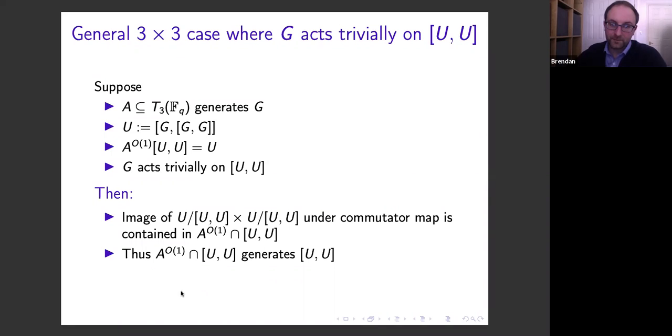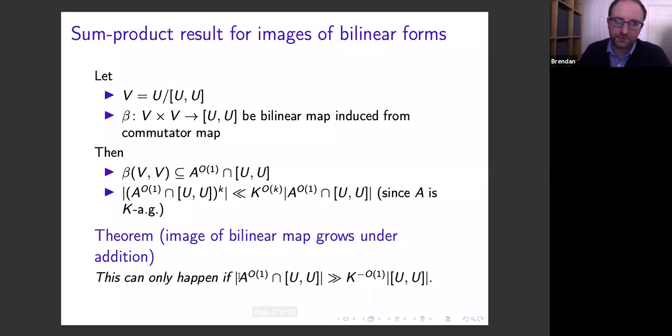And the image of this abelianization under the commutator map generates, by definition, the set of generators of this commutator subgroup. So we found some finite number of products that generates the next term of the lower central series of U.